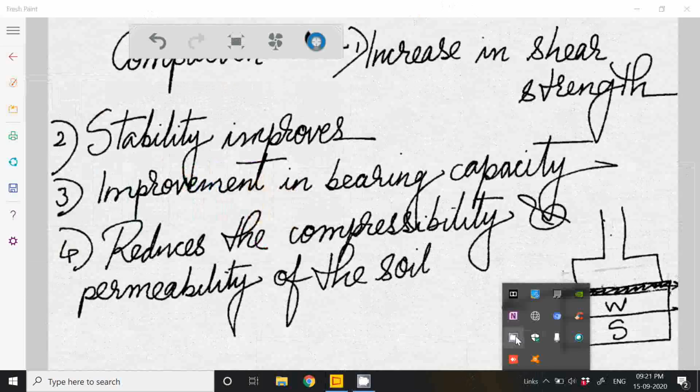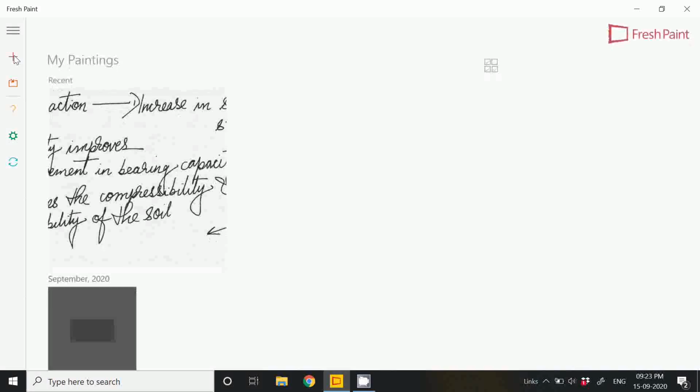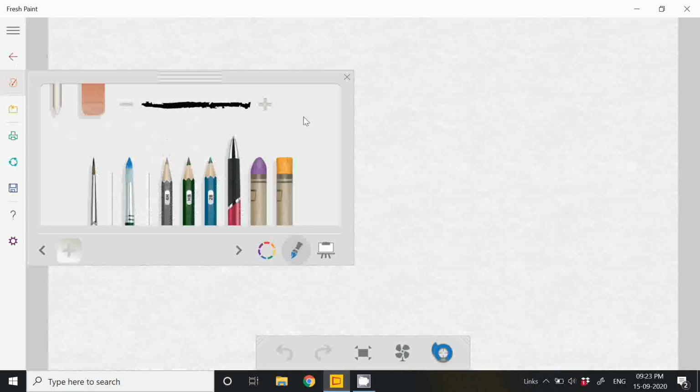Now, how do we measure the amount of compaction? The amount of compaction is measured by dry unit weight.